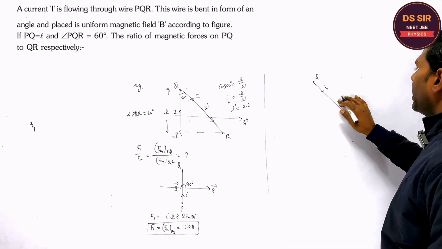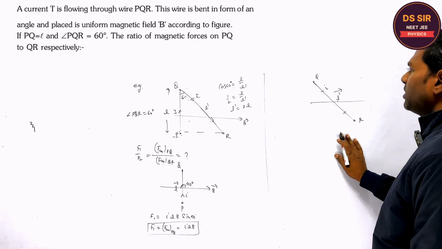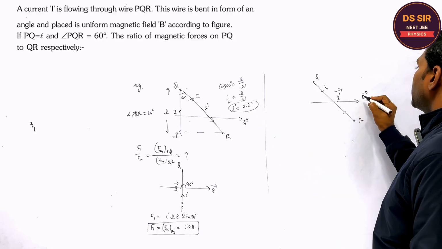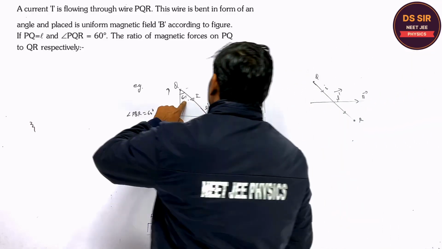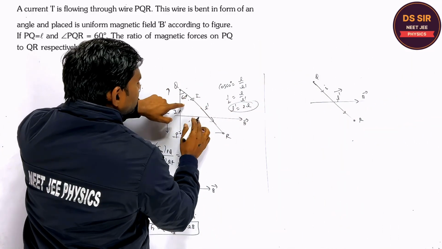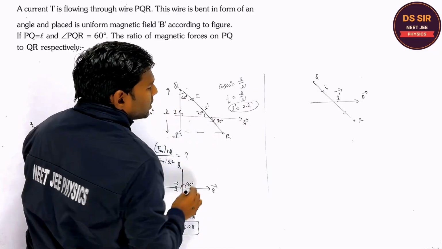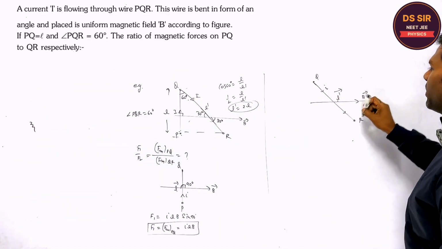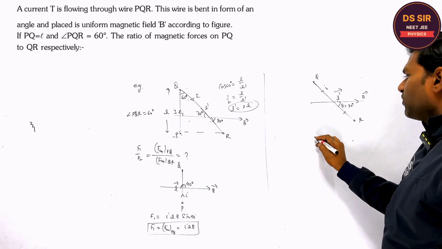So this is the L dash vector, and its magnitude is 2L, and this is the magnetic field B vector. This angle is 60 degree, so this one is 30 degree. So what is the angle between L dash vector and the B vector? Tell me. 30 degree.